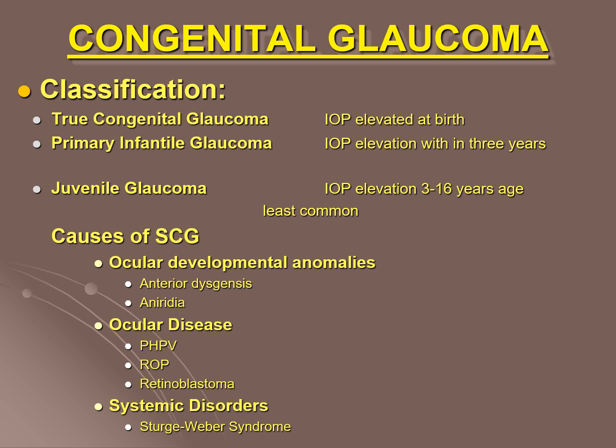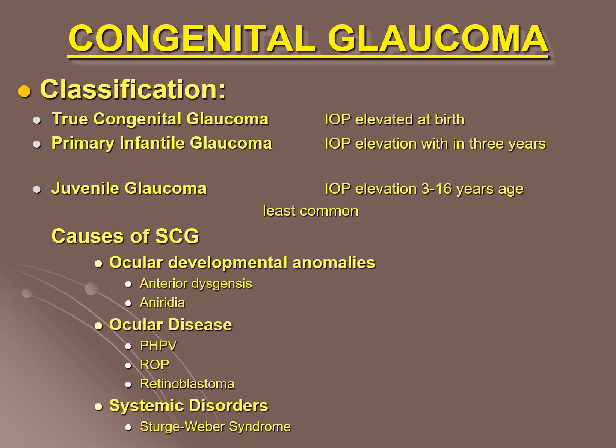The rise of intraocular pressure is at the intrauterine level and it is about 40% of the cases. Primary infantile glaucoma is the most common, 55%, and the intraocular pressure elevation is before 3 years of age. And juvenile glaucoma is the least common, intraocular pressure elevated after 3 years up to 16 years of age.